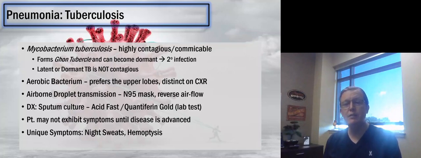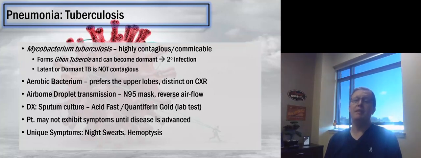So someone could contract the illness and develop a Ghon tubercle in their lung, which generally shows up as a spot in one of the upper lobes. And so they have been infected, and yet they may never have symptoms, or it may be years before they manifest with any symptoms. So it can be latent, another way to say that is dormant. And if it's dormant, latent, it's not contagious.